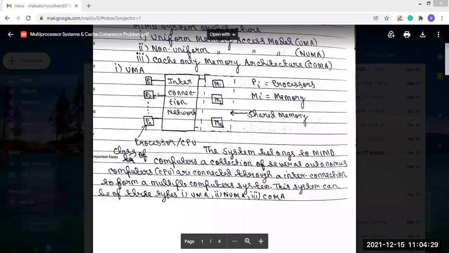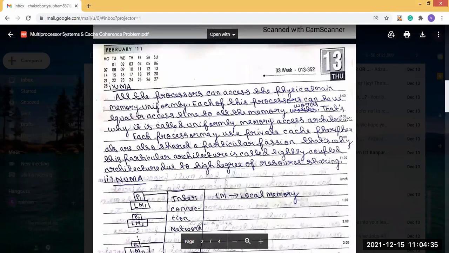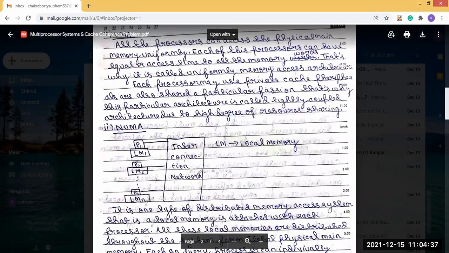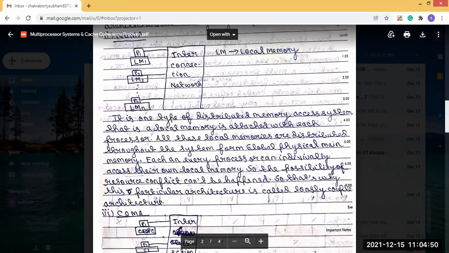Then the resource conflict happens. But here in NUMA it is not like that, because every processor will only access its own local memory. So there will be no problem of resource conflict in NUMA, and we call it a loosely coupled architecture.